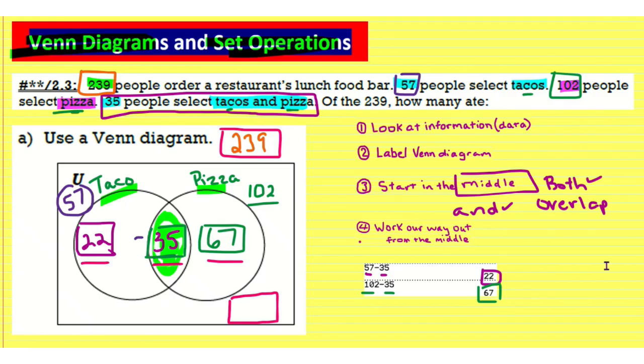So we do 239 minus the 22 minus the 35 minus 67, which gives us 115. And we could have also worked it a little bit differently. We could have added the 22 and the 35 and the 67 to get 124. And then we could take the 239, subtract the 124, and it also gives us the 115.